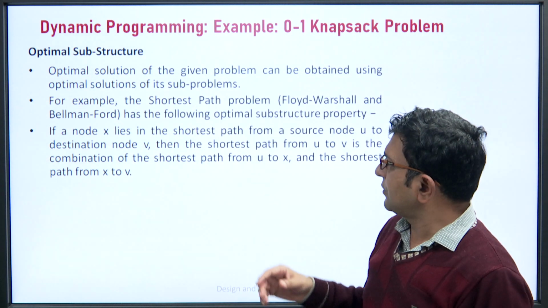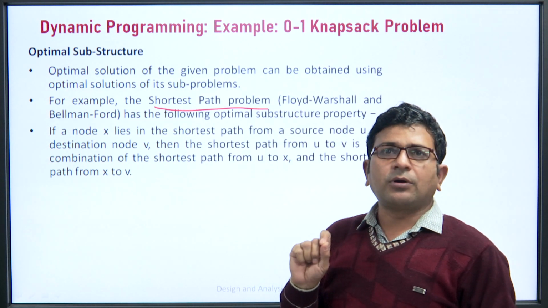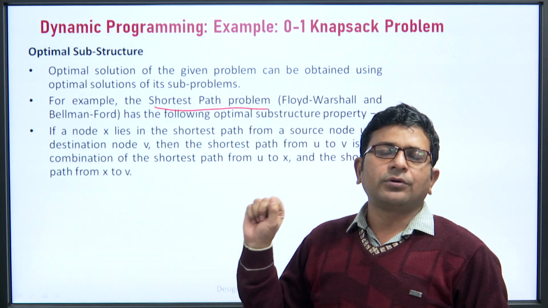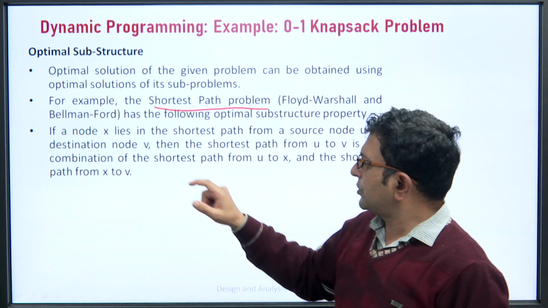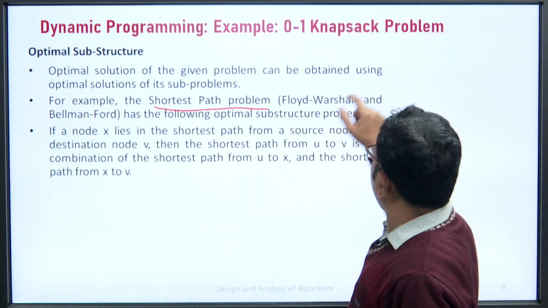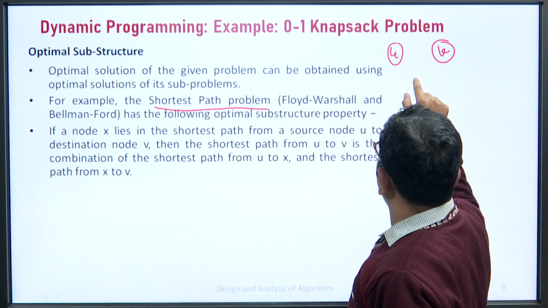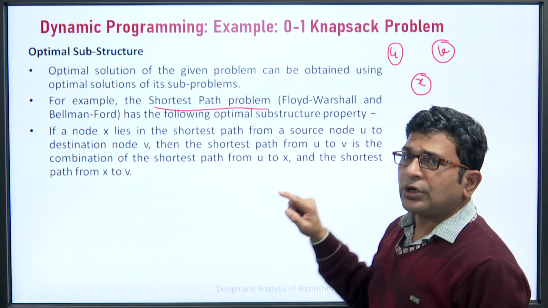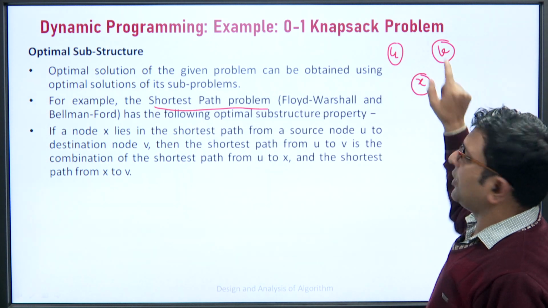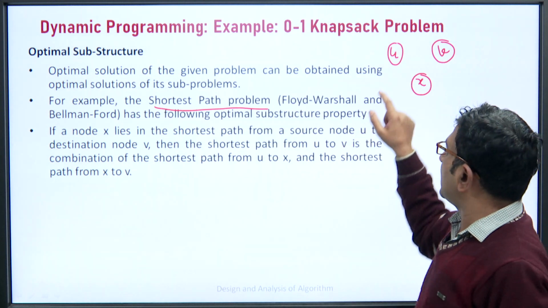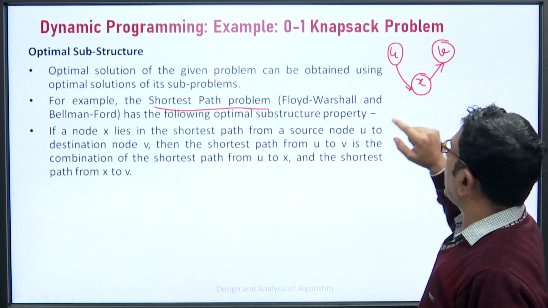For example, the shortest path problem, Floyd-Warshall algorithm and Bellman-Ford, has optimal substructure. Why? For example, if there are two nodes u and v, and there is an intermediate node x, the optimal solution, meaning the shortest path from u to v, depends on the shortest path from u to x, and then the shortest path from x to v.